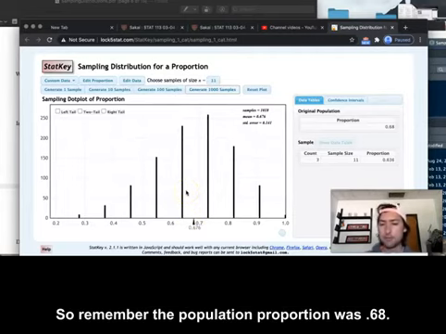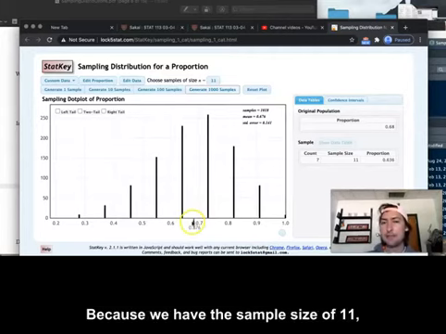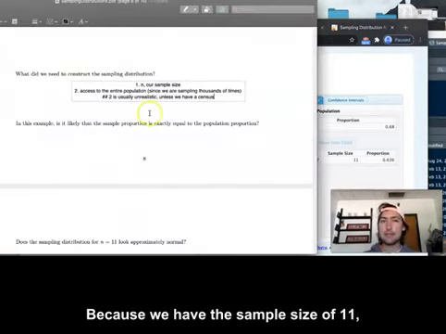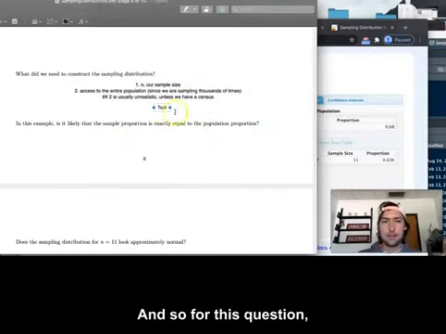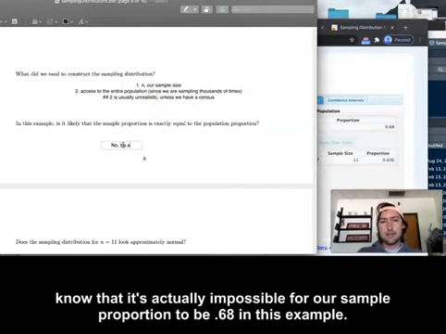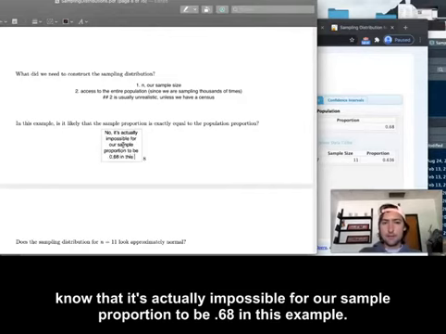Remember, the population proportion was 0.68. Because we have a sample size of 11, it's impossible for our sample proportion to exactly match the population proportion. So for this question, the answer is no, it's actually impossible for our sample proportion to be 0.68 in this example.